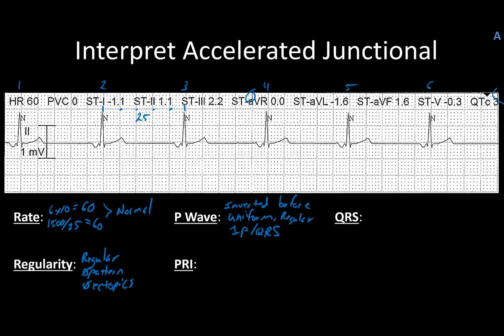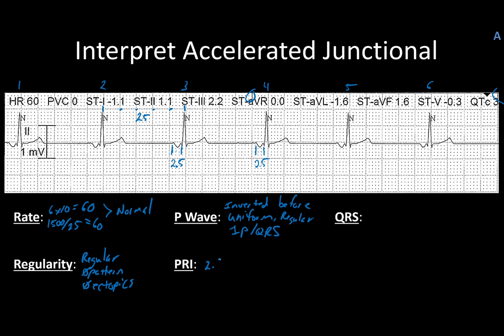So can I measure a PRI with this? Well, let's take a close look, shall we? And we have this one starting just about on a solid line, and then this one ending right about here. So I've got 1, 2.5. We'll check another one just to be safe. 2.5.